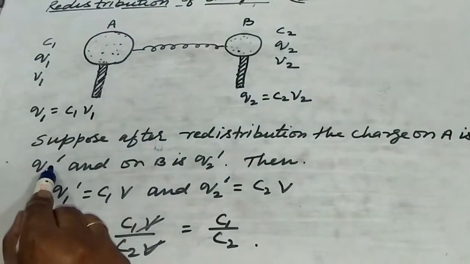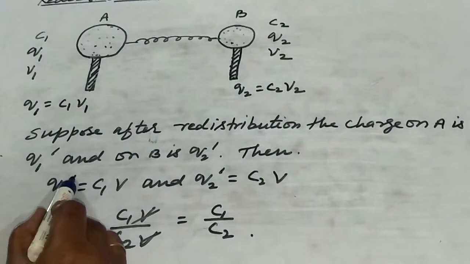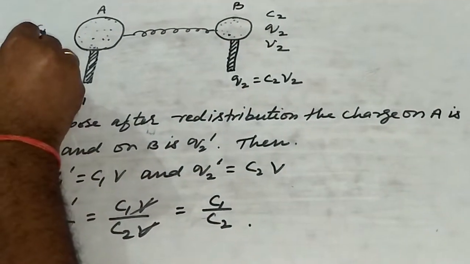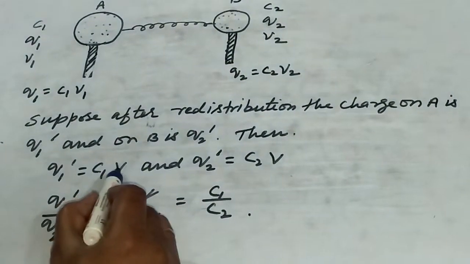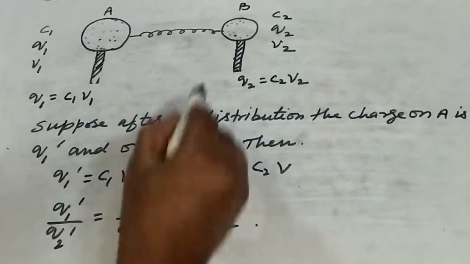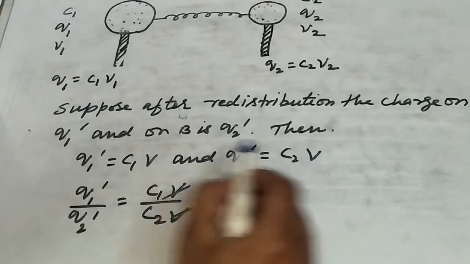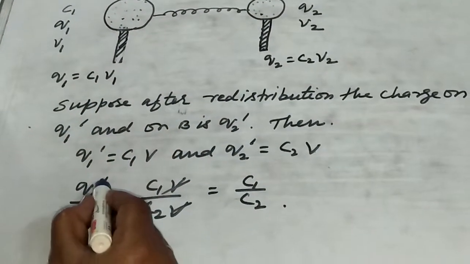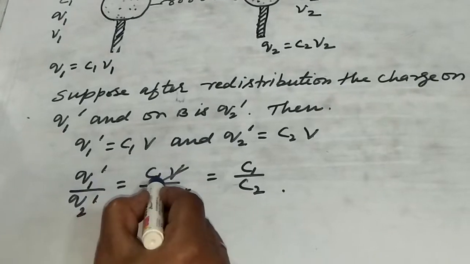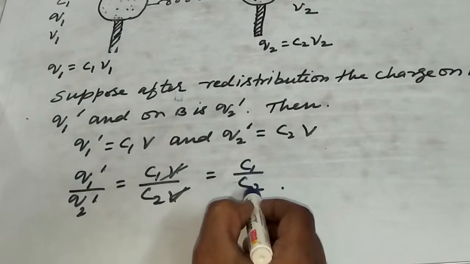So the new charge Q1 dash on conductor A can be obtained. Q1 dash is equal to capacitance C1, and now it acquires the potential V. So Q1 dash is equal to C1V, and similarly the new charge on conductor B is given by Q2 dash equal to C2 into V. Then the ratio of the new charges after redistribution, Q1 dash upon Q2 dash, is equal to C1V upon C2V, which is equal to C1 upon C2.